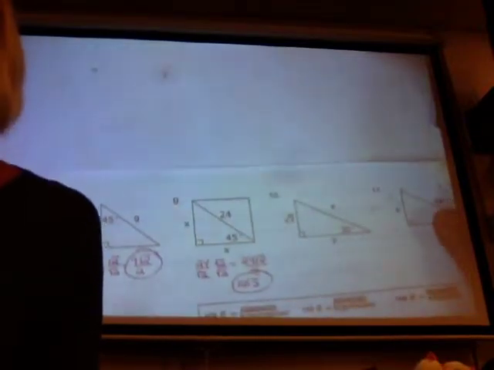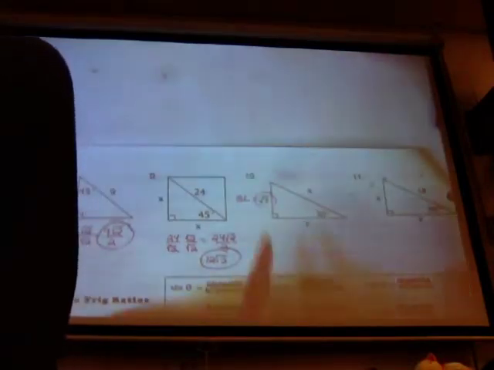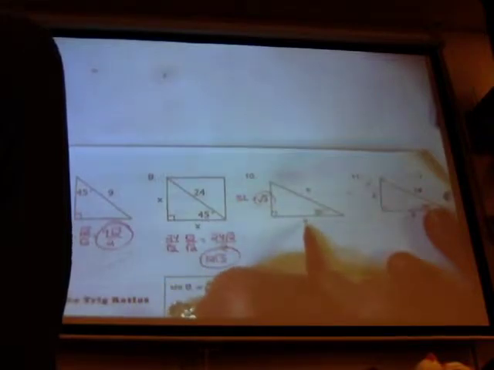So now we're finally at a 30, 60, 90. Notice on these, all you need to know is one side, and I can find out x and y. This radical 3, is this the short leg or the long leg? Why is it the short leg? Because it's opposite the 30-degree angle. So if this is a short leg, what would be the long leg?